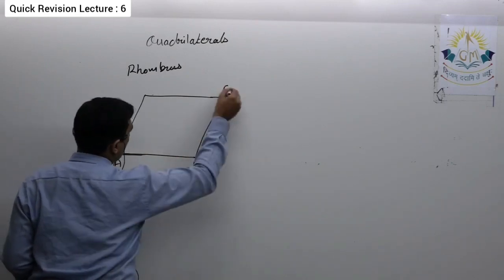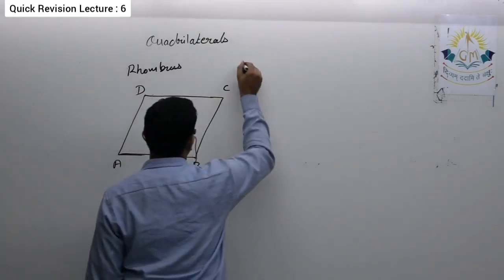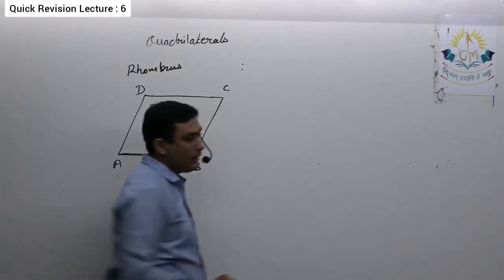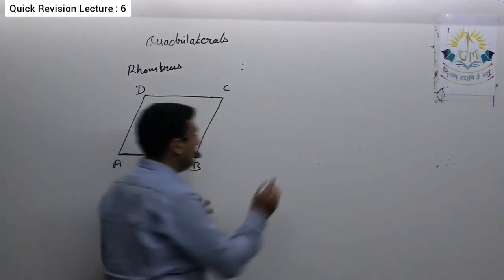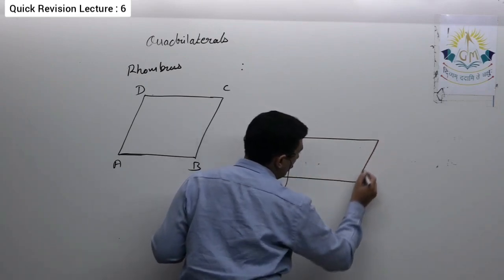Okay, this is the rhombus. So rhombus will be defined in such a way: a parallelogram having all sides equal. See, this is the parallelogram. If I draw the diagram of parallelogram, this is the parallelogram.